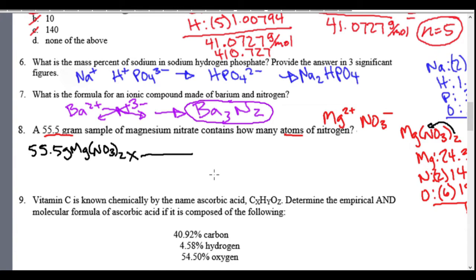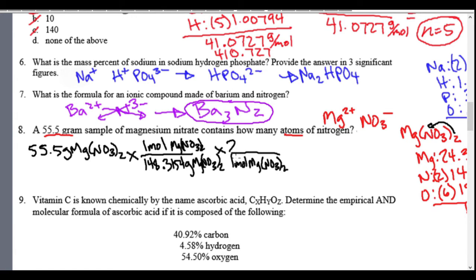And then from there, we can use Avogadro's number. So, 1 mole is 148.3154 grams of MgNO3. Sorry, that's all squished in. That's 1 mole of MgNO3. So that's going to give us 2 moles of nitrogen, right?